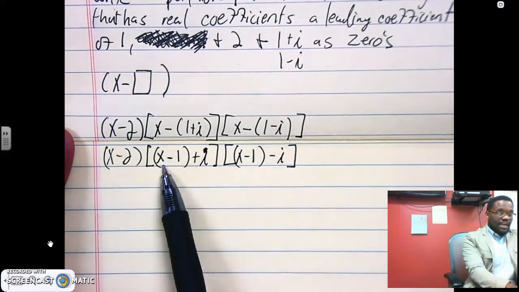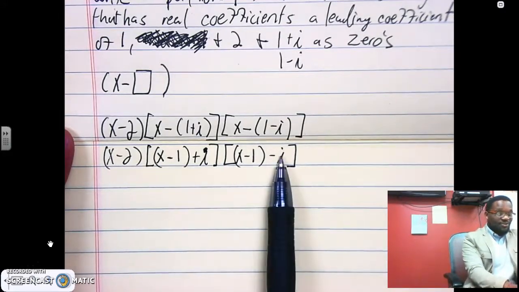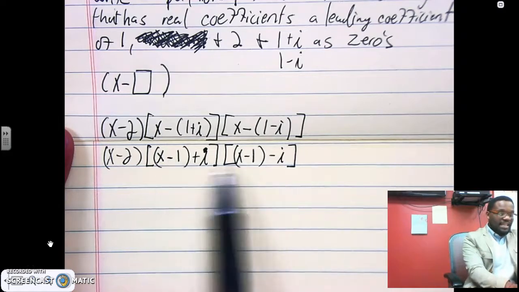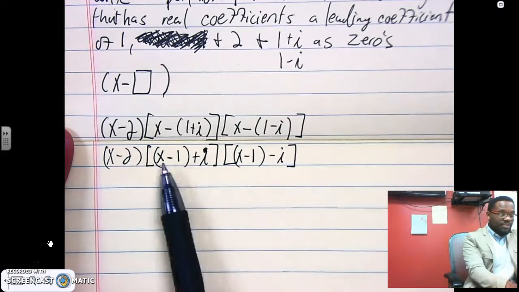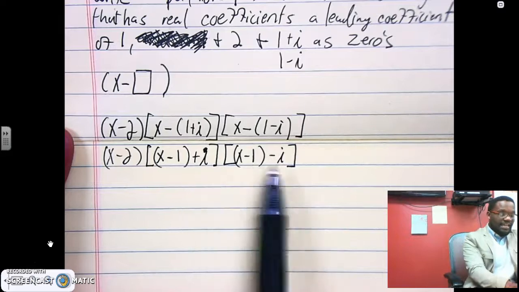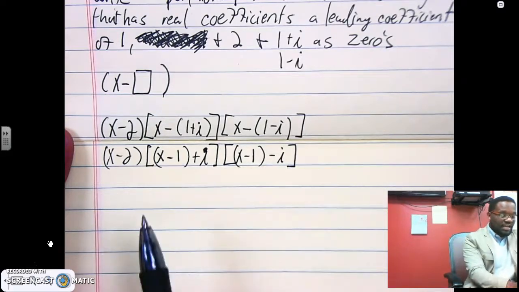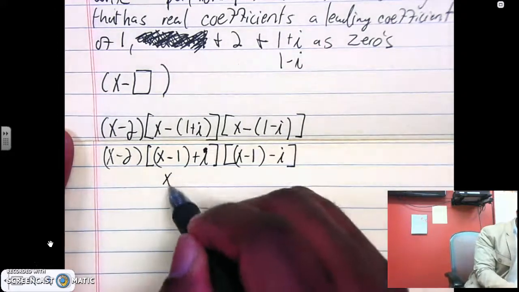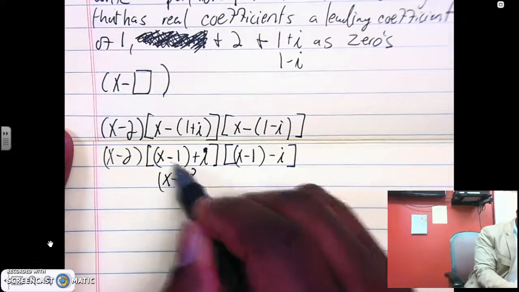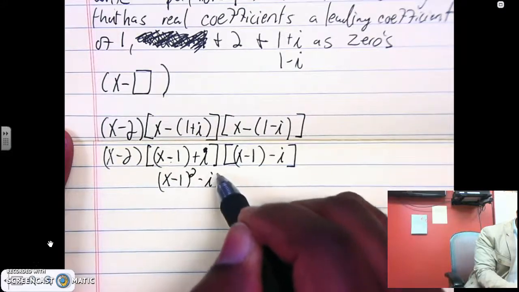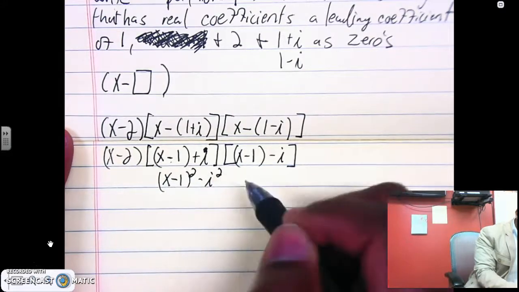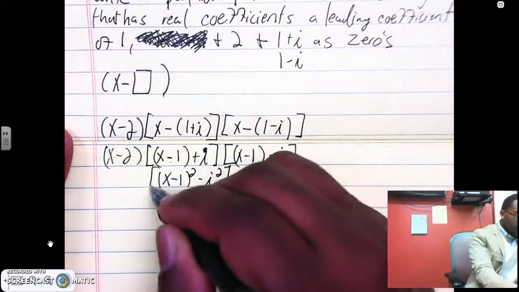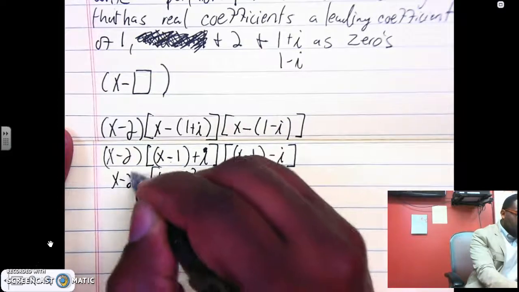If I just look at this, I really have a difference of squares. Whenever you multiply something that has the same thing but different signs in the middle, see that x minus 1, i and x minus 1, i, the only difference is the middle sign. When you multiply stuff like that, all you have to do is multiply the first two and the last two, because the two middle terms will combine to be 0.